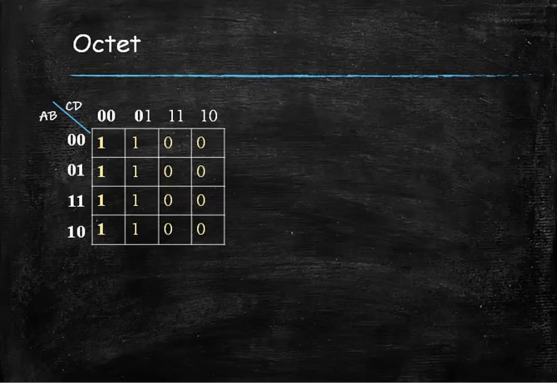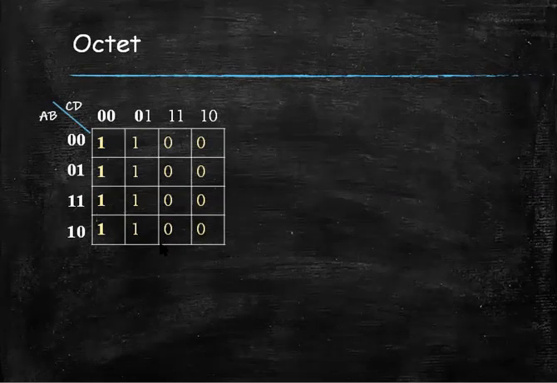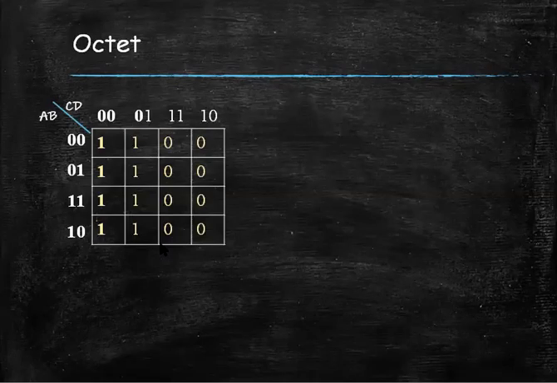Here we can observe that eight ones are adjacent. We call it an octet.